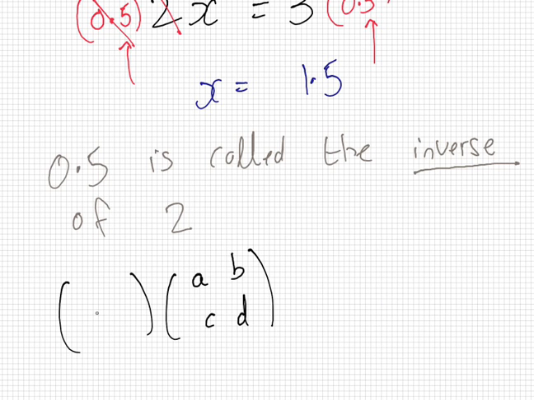Maybe some people know this already, but imagine I want to put some numbers here so that when I multiply, I still have A, B, C, D. You might think, oh, that's easy, maybe I'll just put 1, 1, 1, 1. But that doesn't work, and let's see why.